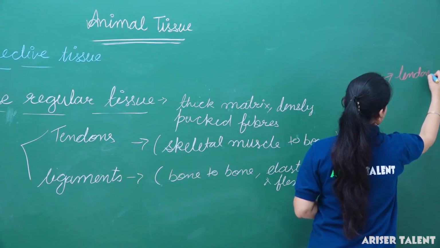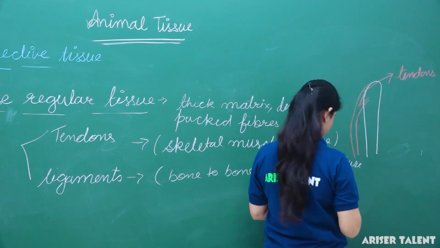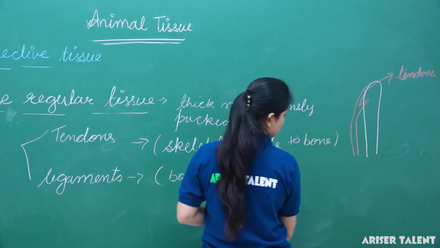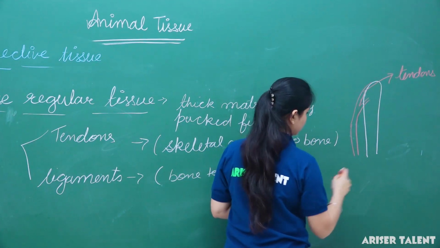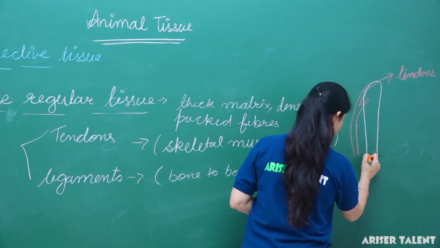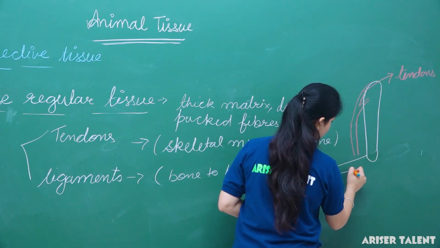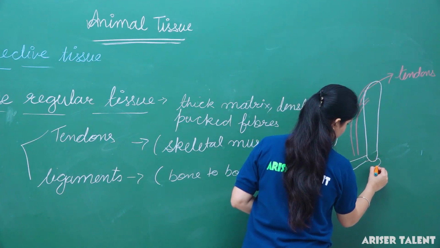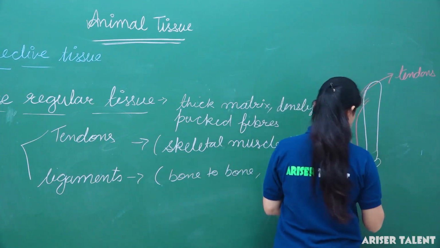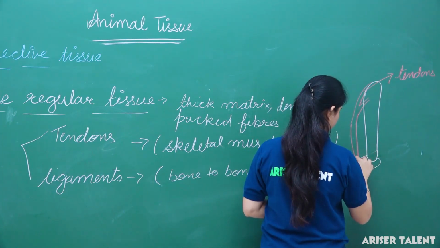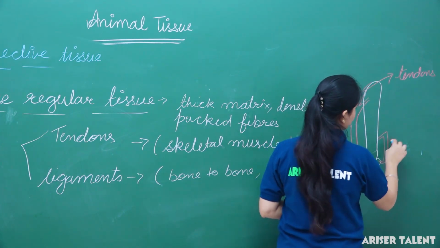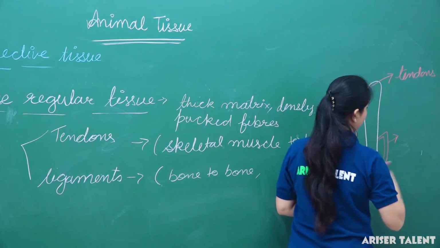Here, this is the bone, the round end of the bone, and here these are ligaments.